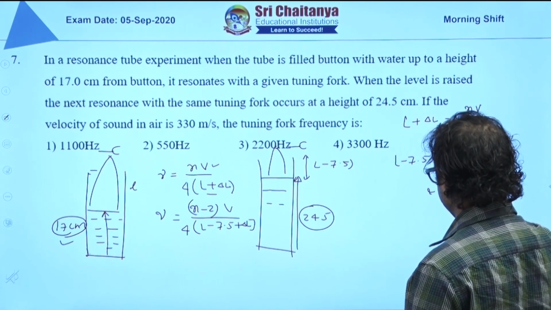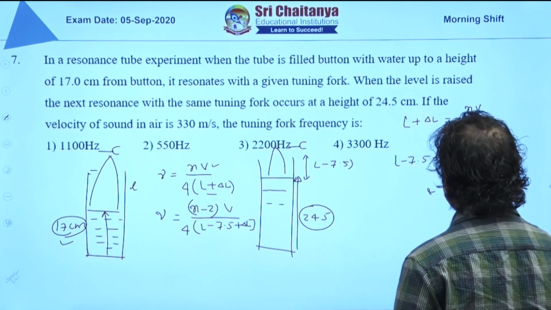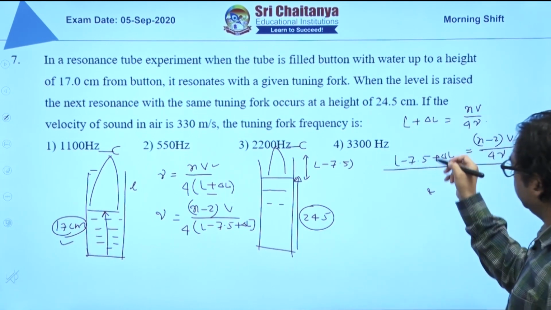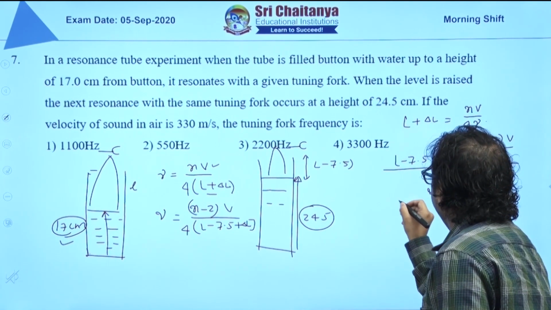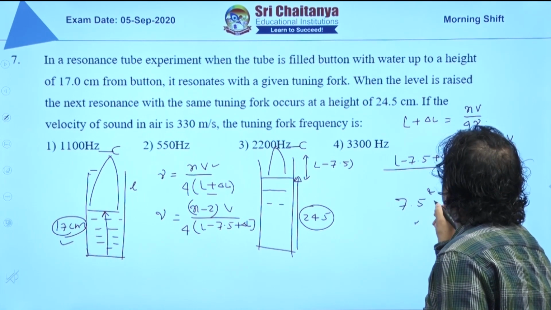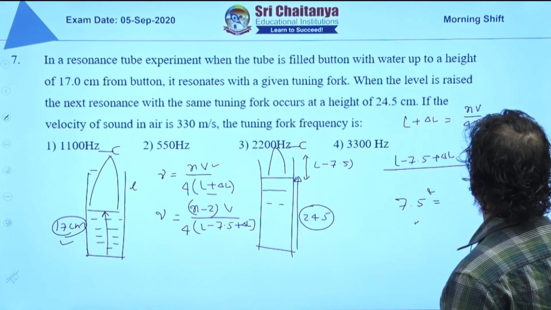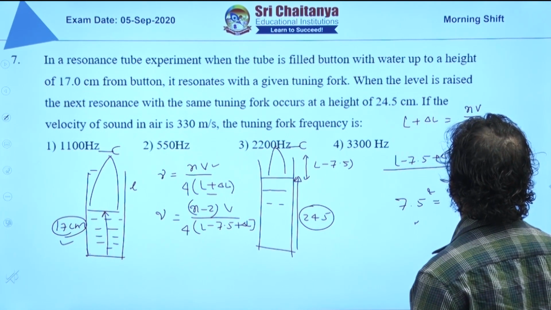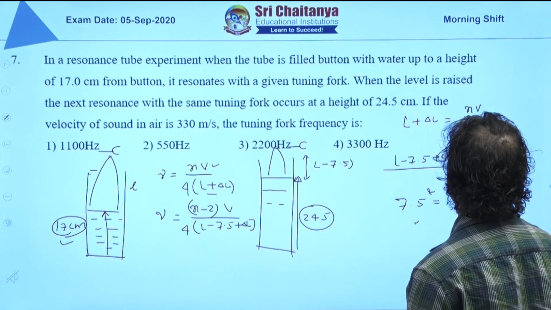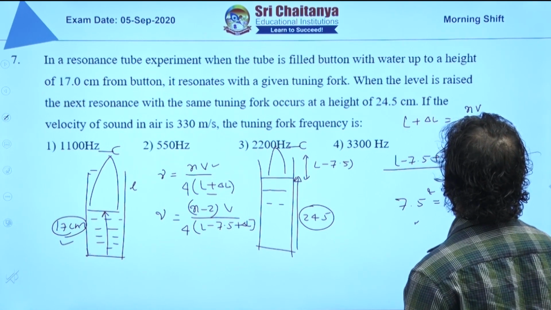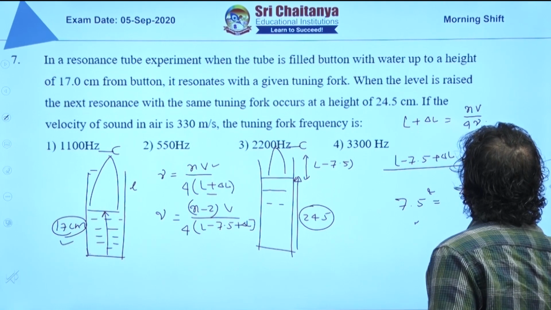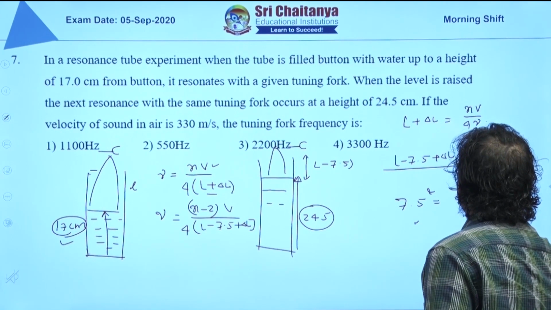So, you subtract these two equations. So, we are getting, when we are subtracting, you can see 7.5 is equal to, okay, that is 2V divided by 4 nu.